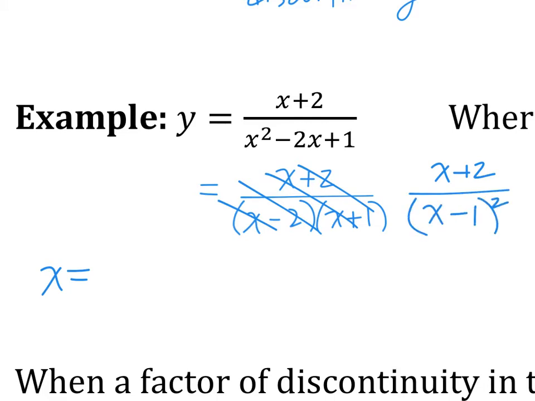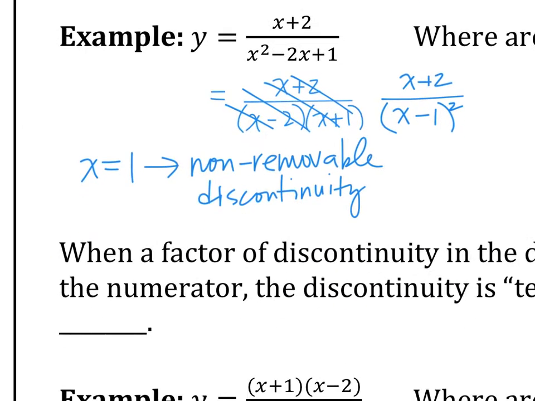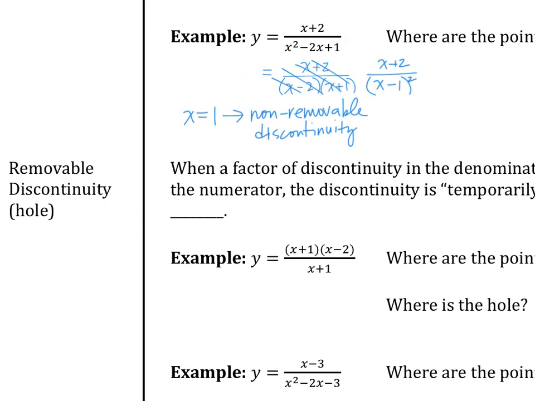Okay, so where are the points of discontinuity? 1. Okay, does it cancel with anything in the numerator? So what kind of discontinuity is it? Okay. Is there a faster way to write those two ones?